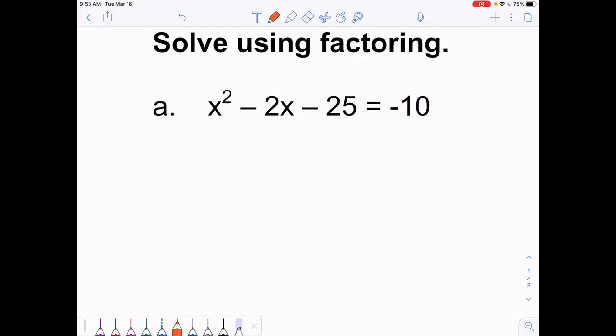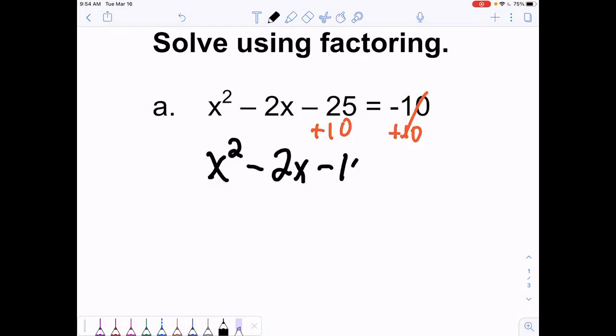So how do you get rid of a negative 10? You add 10 here. You add 10 to the other side. What do you get when you add 10? Okay, so give me the whole thing. Yeah, and that equals 0 is important.